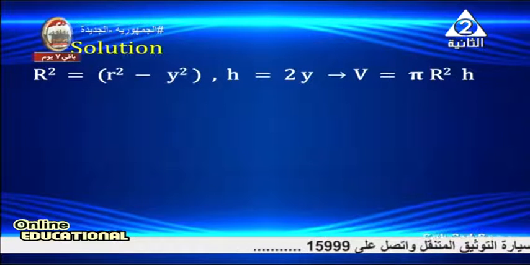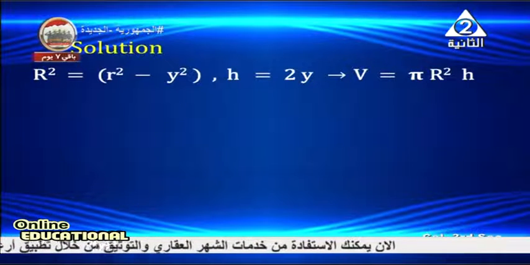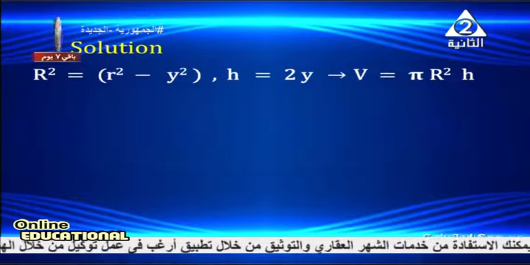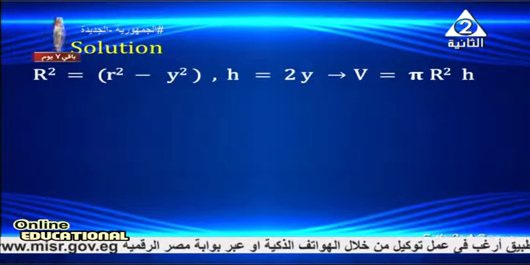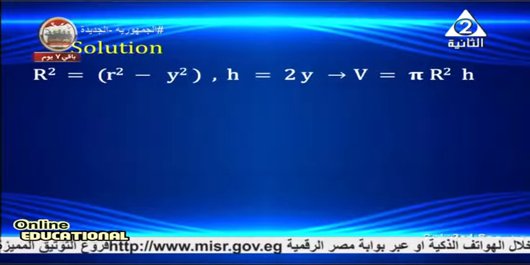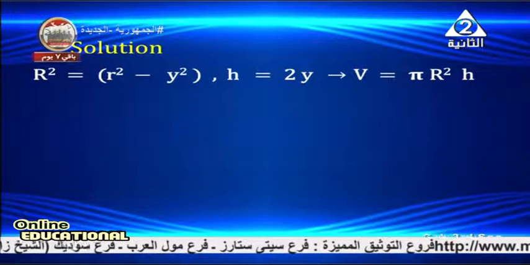Now we have two variables, R capital and h, the radius of the base of the cylinder and the height of the cylinder. And we know that h equals 2y and R squared equals r power 2 minus y power 2.